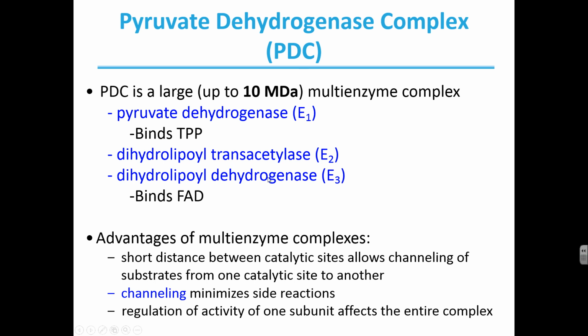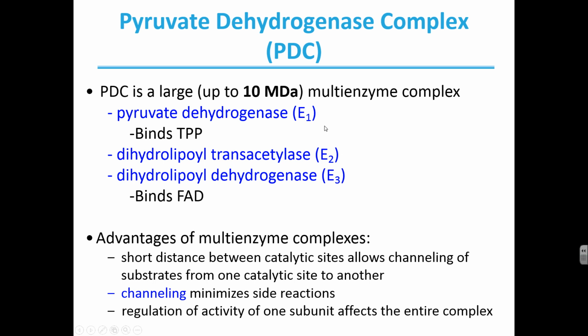And then enzyme 3, dihydrolipoyl dehydrogenase, you can see this is another area where we're moving electrons. Enzyme 3 is responsible for getting all of the original parts back in the correct oxidation state so that the reactions can continue.